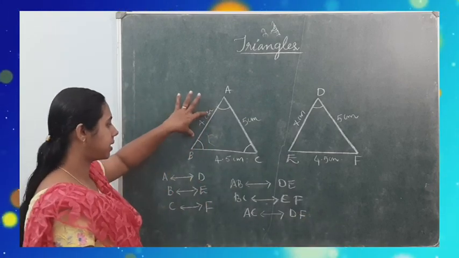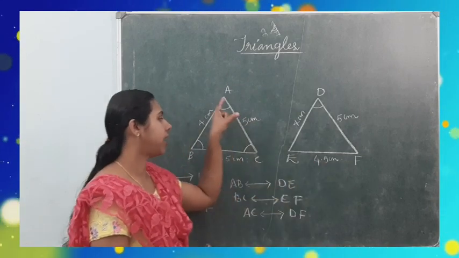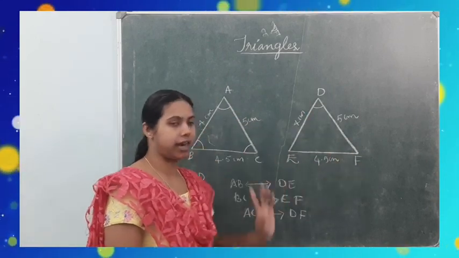Because AB is equal to DE, BC is equal to EF, AC is equal to DF.